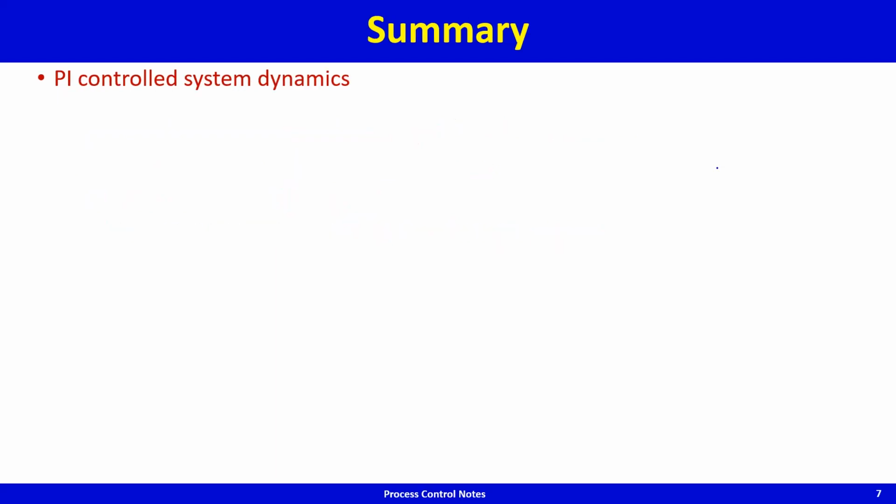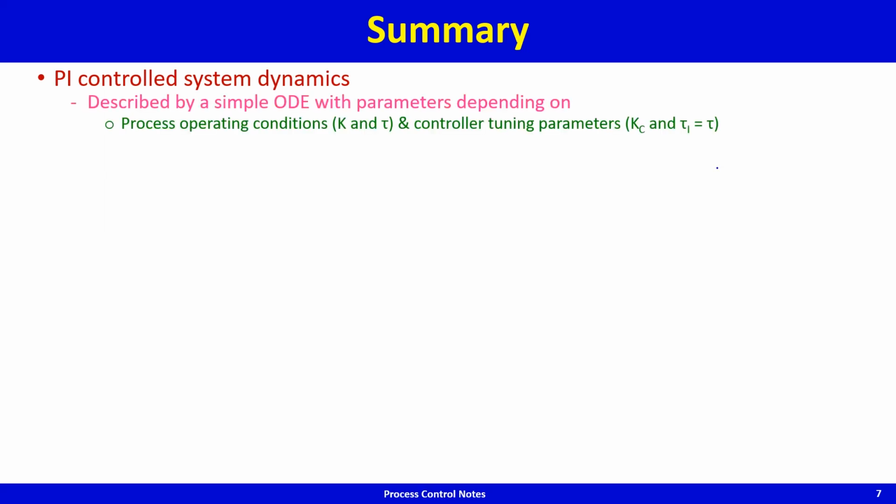In summary, we have looked at PI controlled system dynamics for the simple heated surge tank. The dynamics are described by a simple ordinary differential equation with parameters depending on operating conditions and the controller tuning parameters. The servo response is described by an ODE that is first order for tau I equal to tau, and this first order behavior comes because of cancellation of the d/dt plus 1 term.